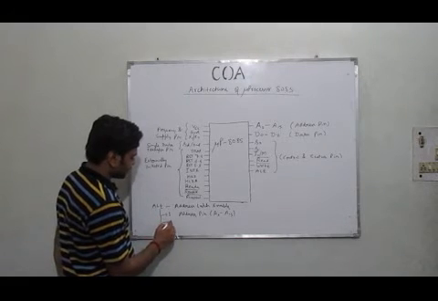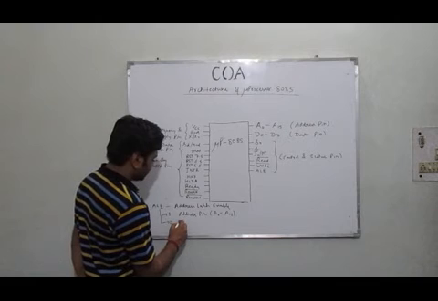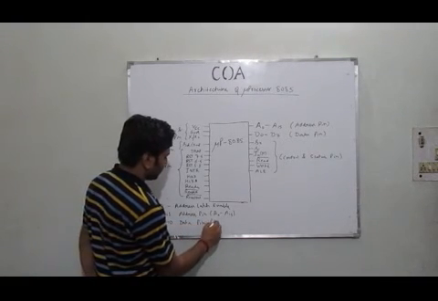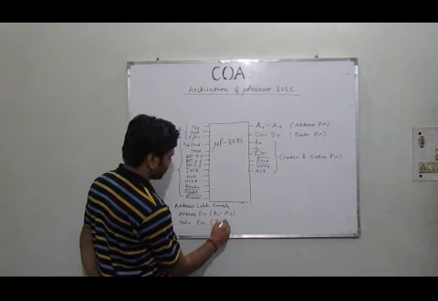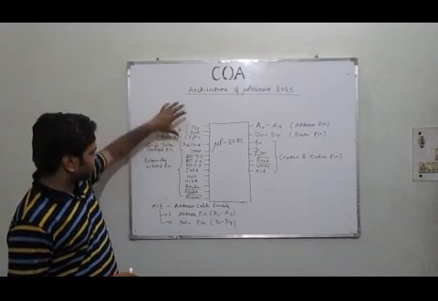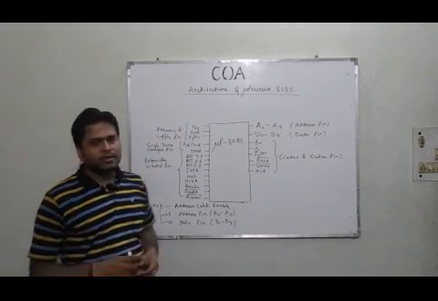When ALE is 0, ALE acts as a data pin, and it is replaced by D0 to D7. Let us talk about all the other three categories of pins in our next lecture.